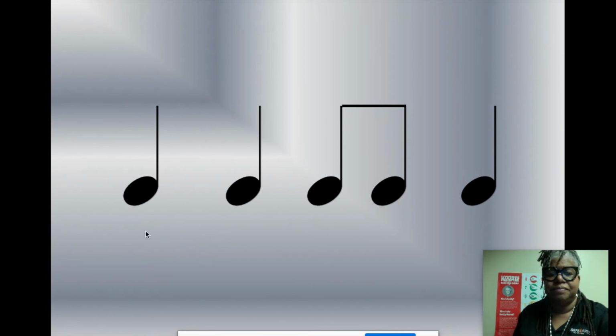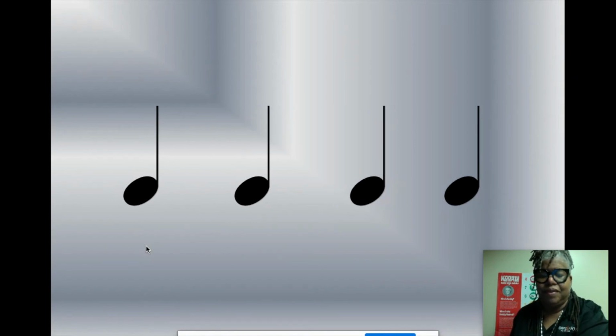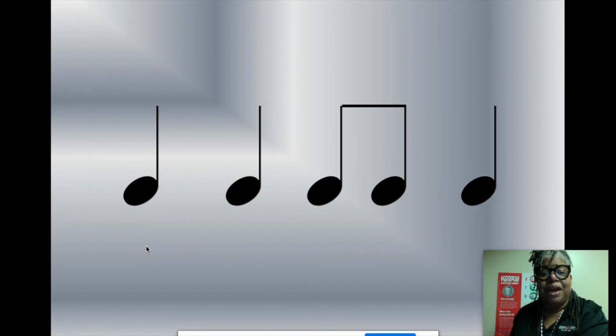Okay? Now, what if these were all quarter notes? Ta, ta, ta, ta. But now we see that there aren't just quarter notes there, are they, boys and girls? There are a pair of eighth notes.